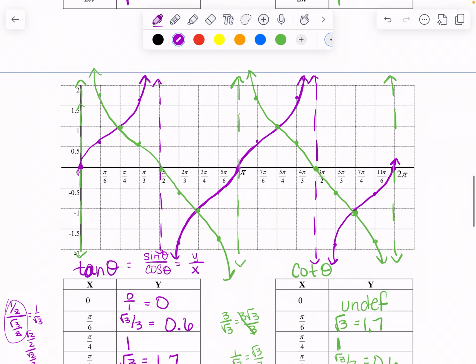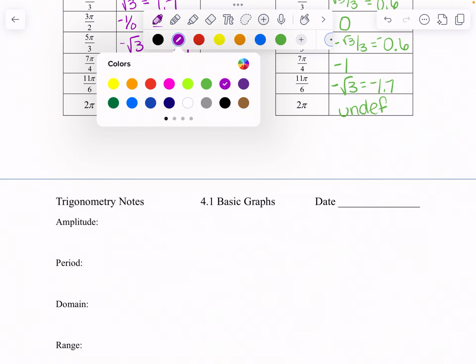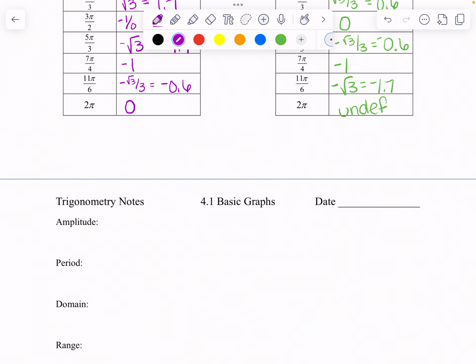Okay, so now let's talk about these things and write some definitions down. So, what the heck is an amplitude?